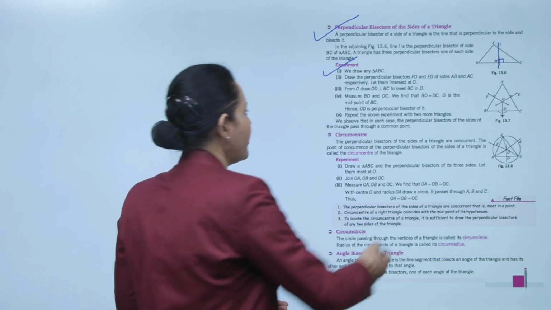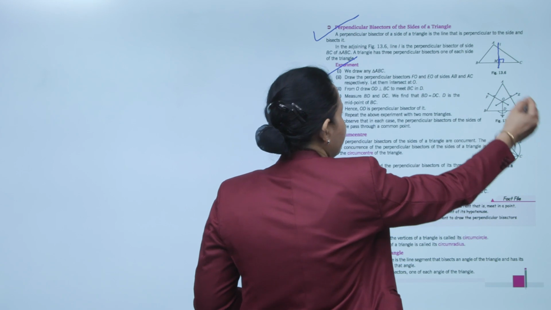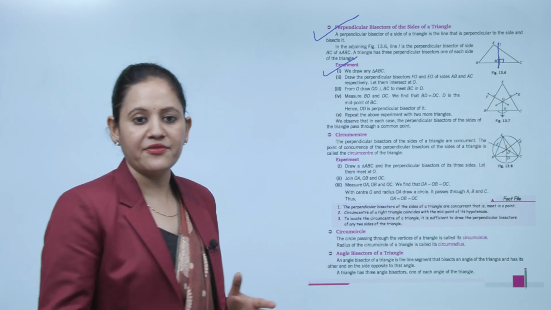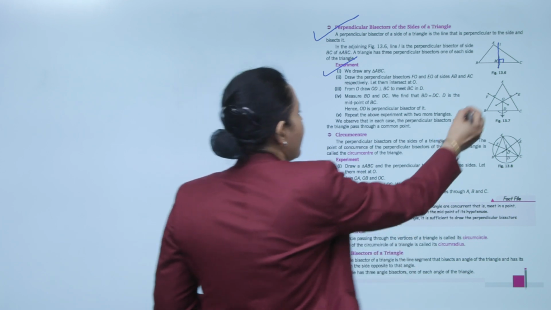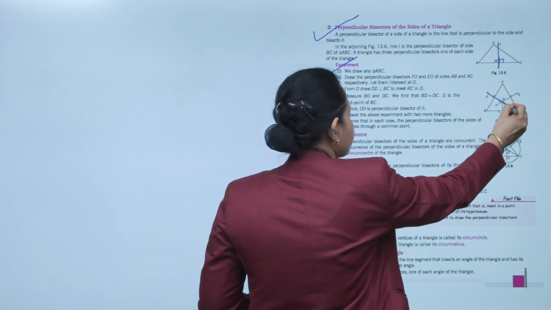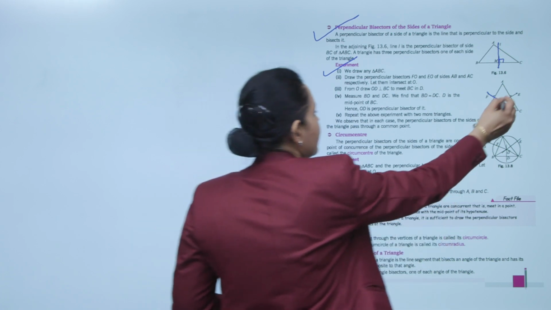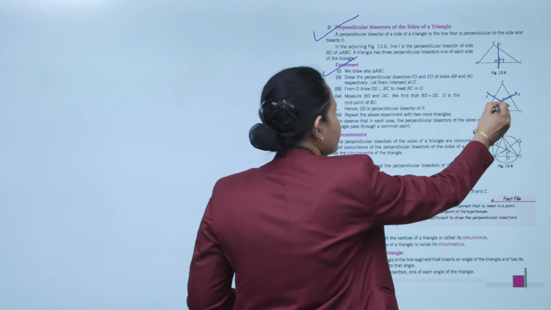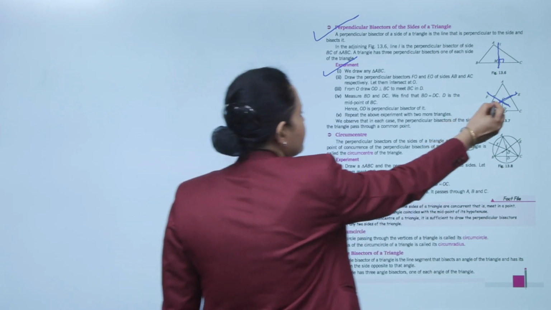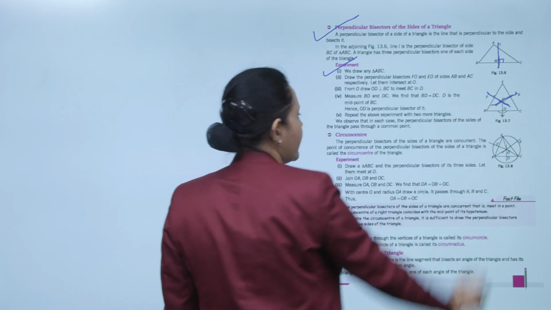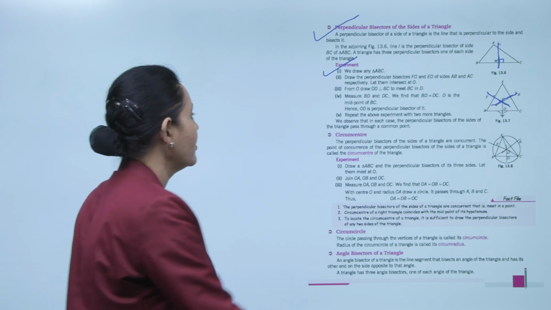Here, we have constructed a triangle ABC. Now, what have we done? We have drawn the perpendicular bisectors FO and EO, which intersect at the point O. Now what will we do?